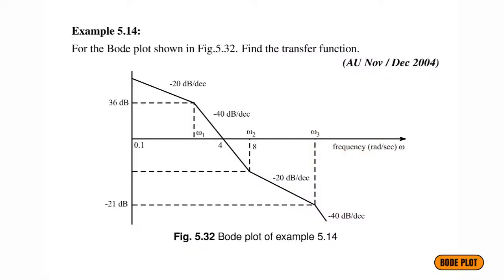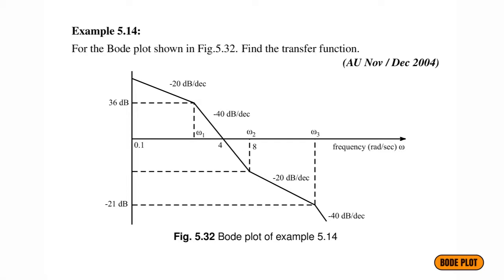At omega equal to 4, 0 dB. Here the slope is minus 40, the net slope we know. Y1 we know: 0 dB at omega 4.